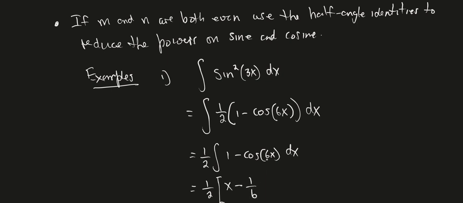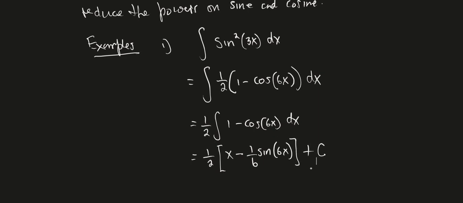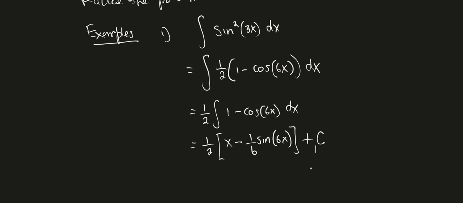I have to divide by that constant, of sine of 6x, and then we have our plus c. Right? So here is our answer for the antiderivative of sine squared. It's 1/2 x minus 1/12 sine of 6x plus c. Right?